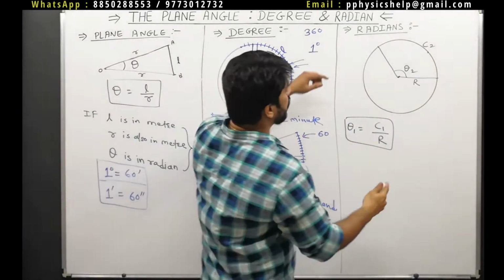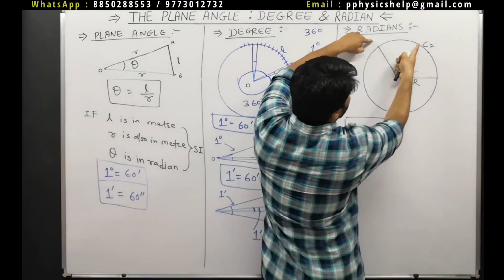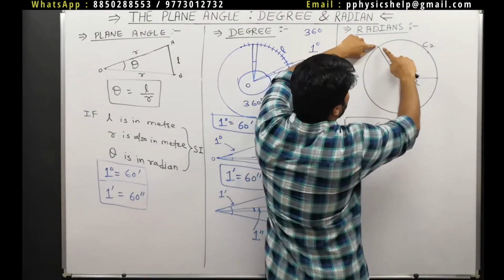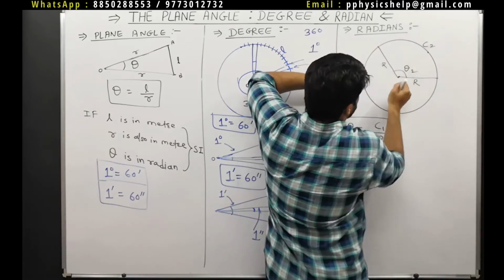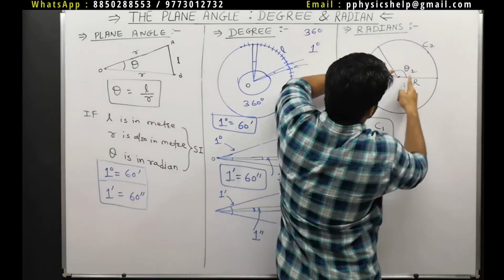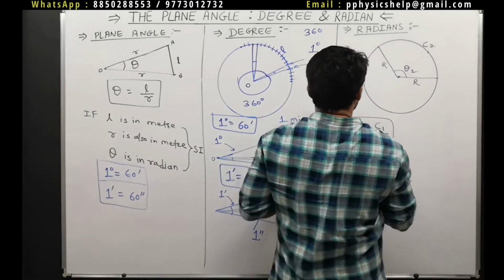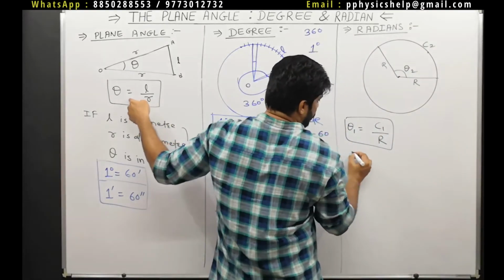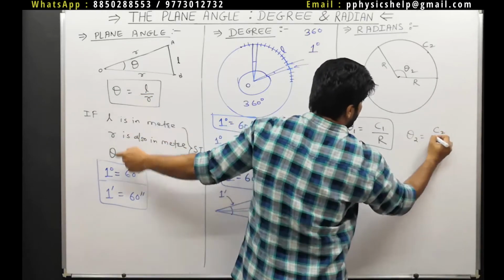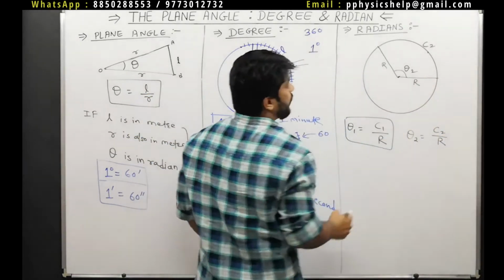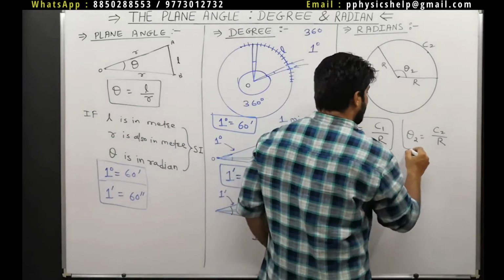We have chosen this bigger arc of the circle, and with the center, this arc subtends an angle of theta 2. Again applying the same definition, theta 2 is equal to C2 upon r. So we have got another formula.